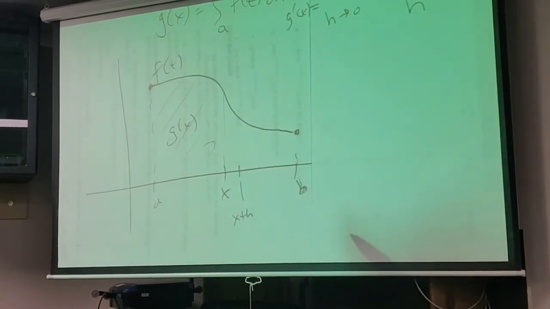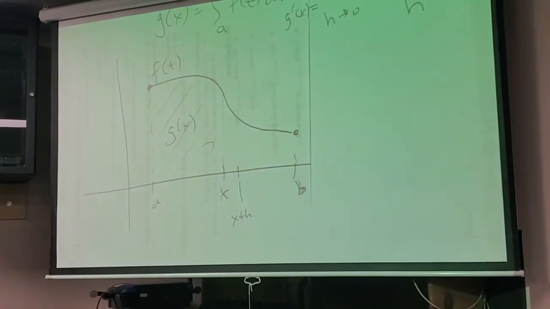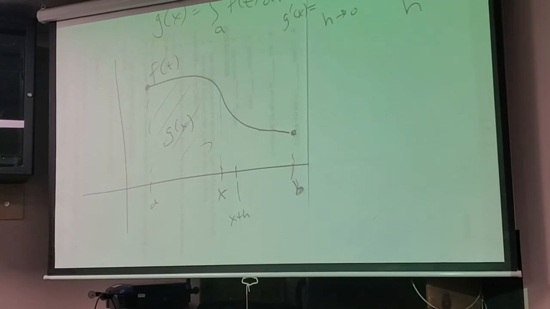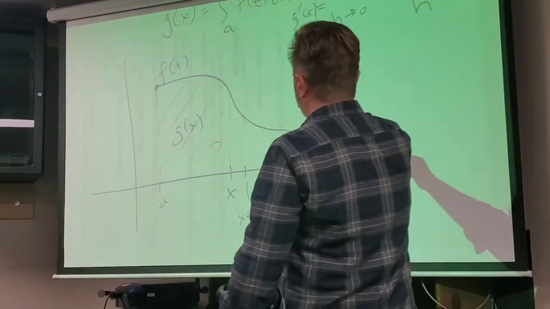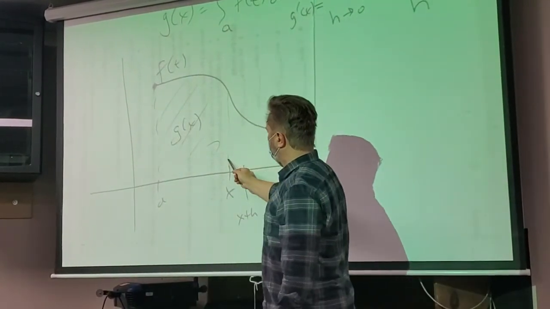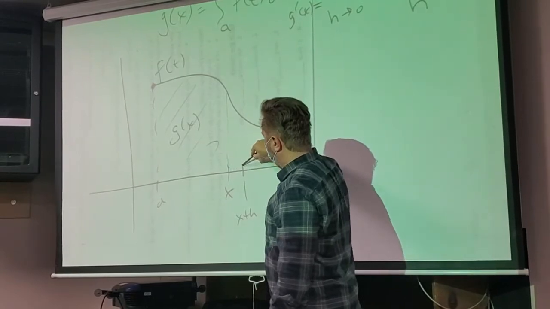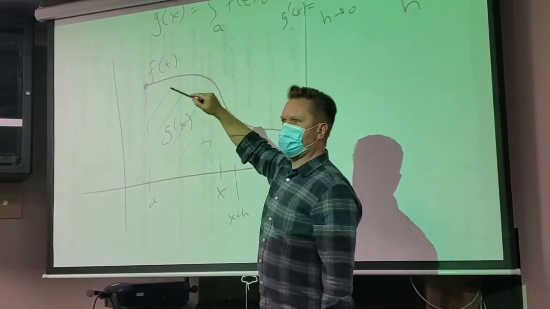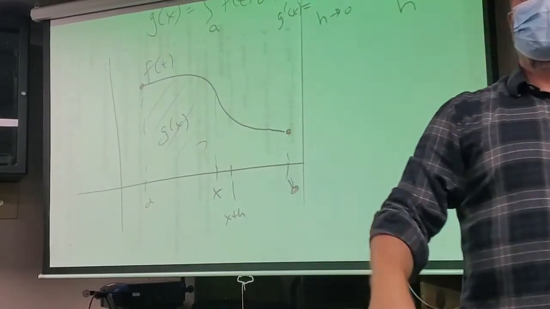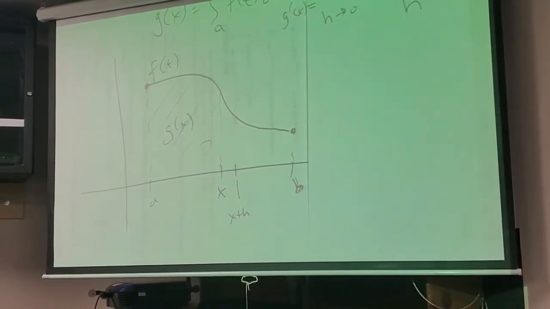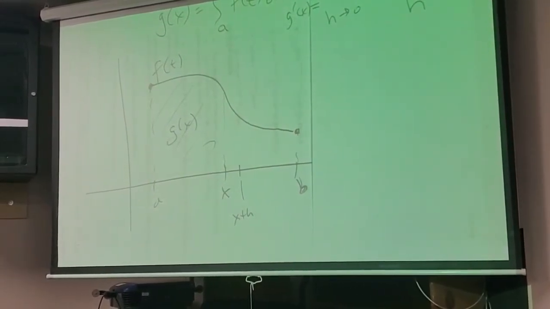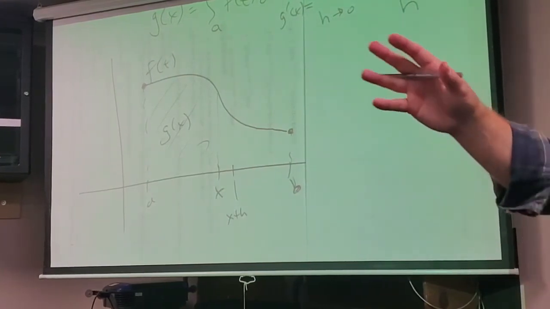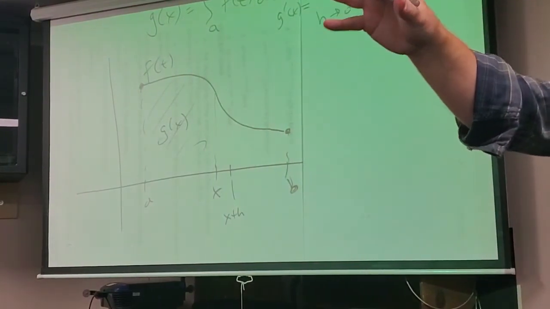So how much will the area change? That's really what the question is, right? How much will the area change if I go just a little bit further? Isn't that what a derivative is? A derivative will tell you how much your function will change if you go a little bit further in the x direction. So what is the output of the g function geometrically?